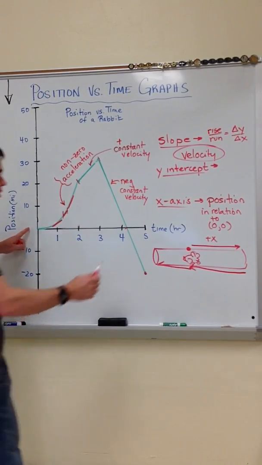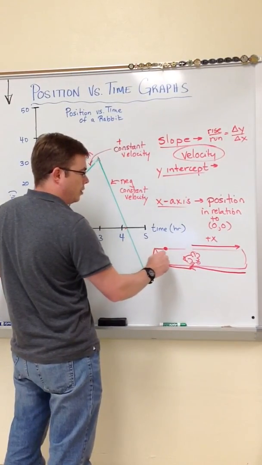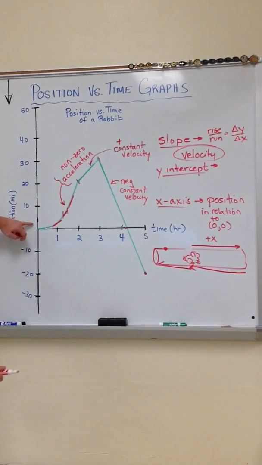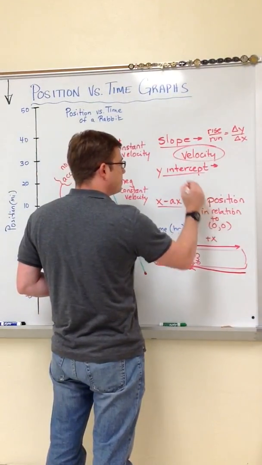Okay? So if you're calling this the 0, 0 point, and the rabbit didn't start there, it started a couple of miles away, then your graph would start up above it, or down below it if it was on the left-hand side. Okay? So you have to understand what these three mean.